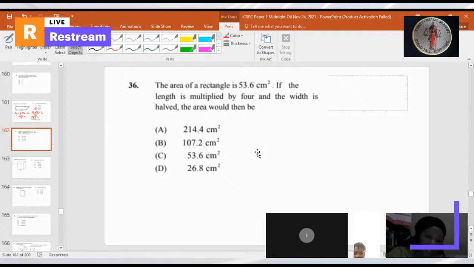So in effect, you're doubling the area. To multiply it by 4 and then halve it is the same as just multiplying it by 2. So we just need to multiply the 53.6 by 2. So that will give us what? Miss, that would give us 107. Correct.